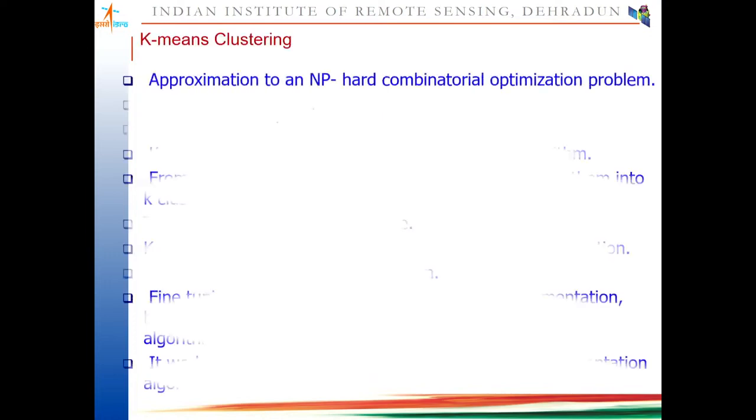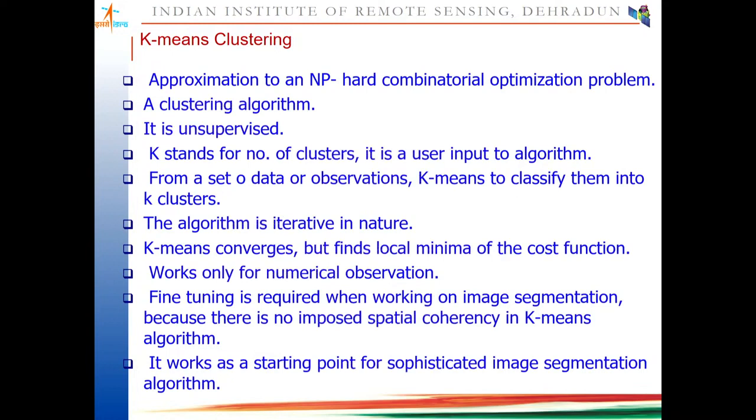Then the second method is the k-means clustering method. This is done by approximation to a hard combinatorial optimization problem, and it is an unsupervised method. K stands for the number of clusters, and this is a user input into the algorithm.